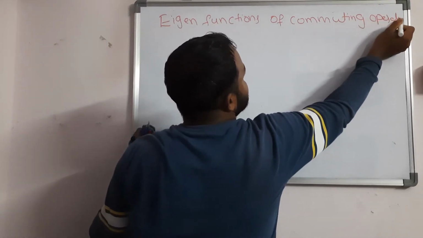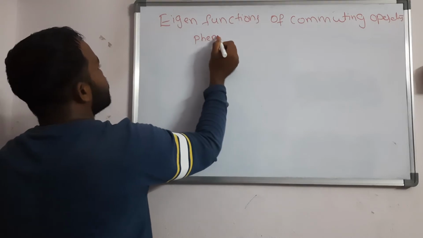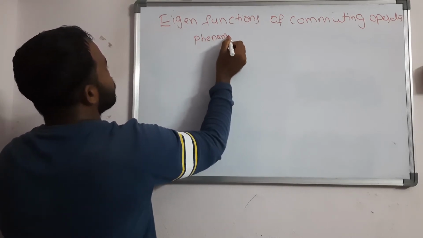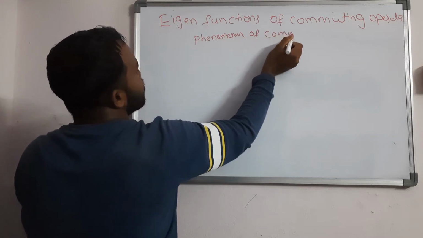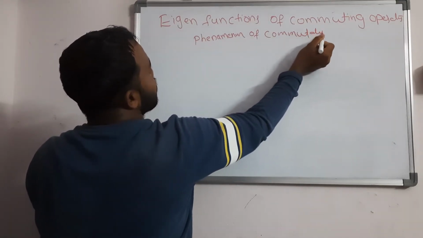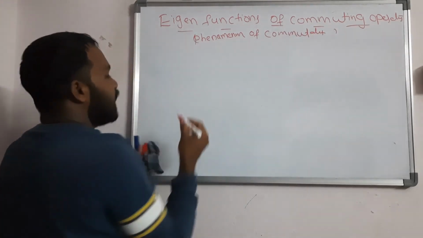The next heading in the syllabus copy is eigenfunctions of commuting operators. This is nothing but the phenomenon of commutator. So in the syllabus copy, the heading is eigenfunctions of commuting operators, you should write.